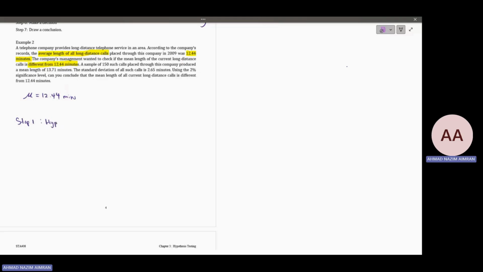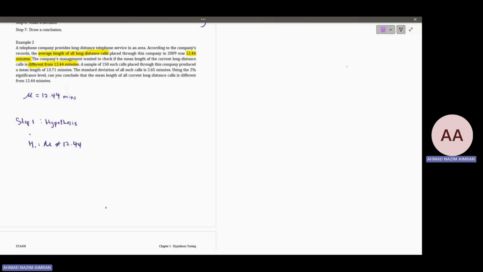You need to write down the hypothesis, and from the question, the alternative hypothesis given is different from 12.44 minutes. So mean is not equal to 12.44.